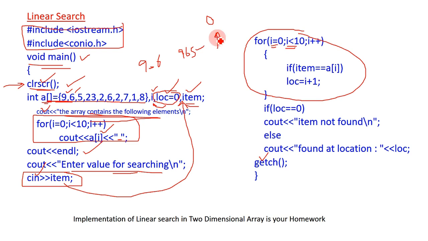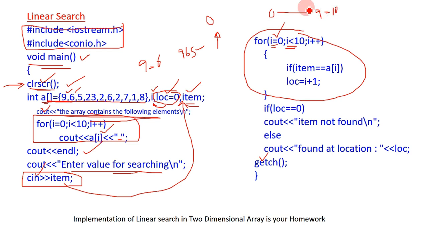Therefore we assign the for loop from index 0 till 9. The 10th value is outside of the array. From 0 to 9, these are the 10 values.